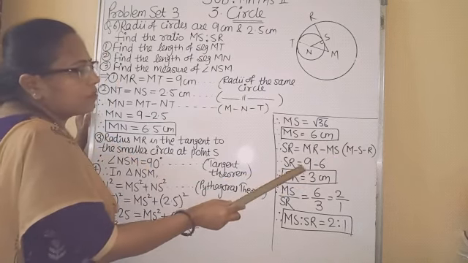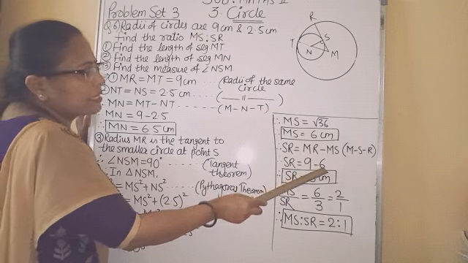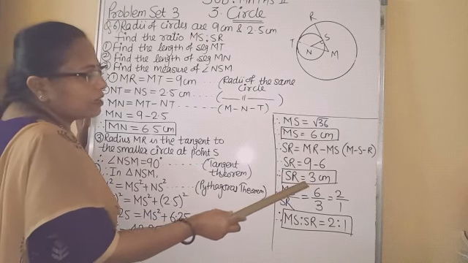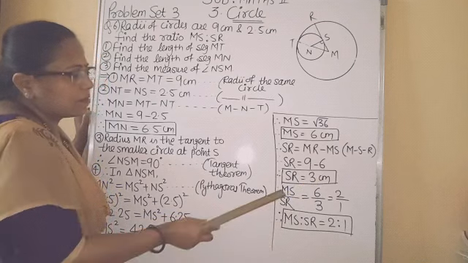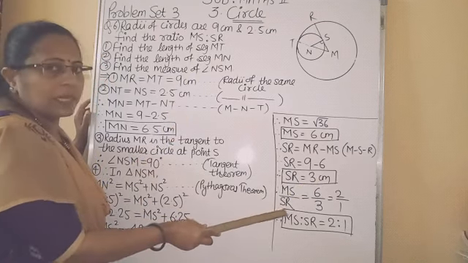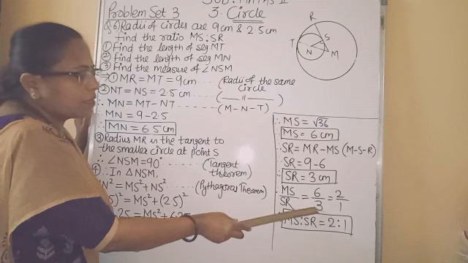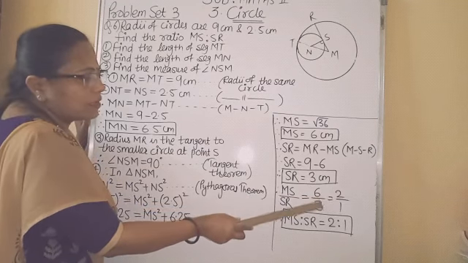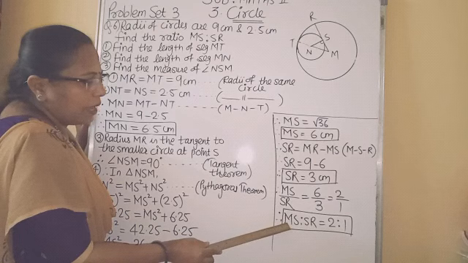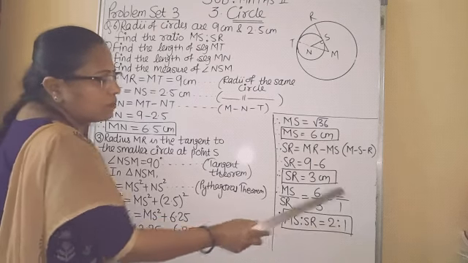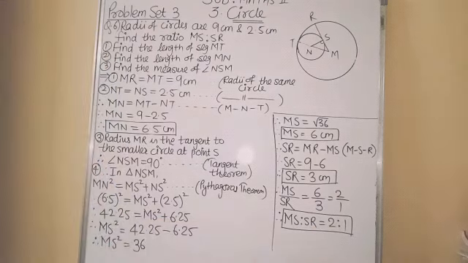So SR is equal to 9 minus 6. 9 minus 6 is 3. So SR equal to 3 centimeter. We want ratio MS is to SR. So MS upon SR equal to 6 upon 3. So 2 upon 1. 3 twos are 6, 3 ones are 3. So MS is to SR, this ratio is equal to 2 is to 1. Followed?